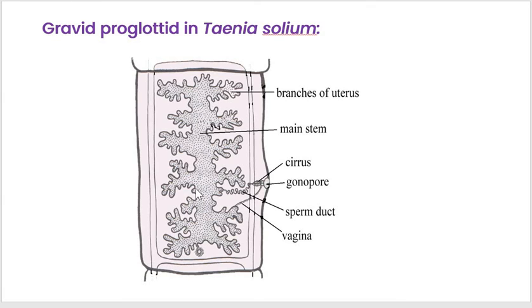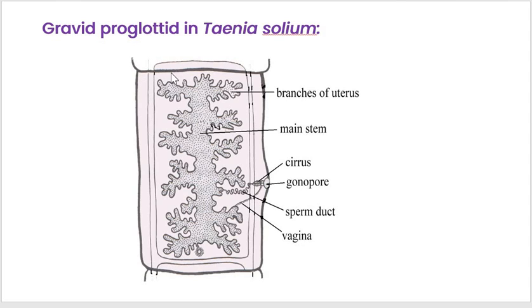Now here, after maturing and after fertilization, you can see the uterus, which is a branched structure, filled by numerous eggs.